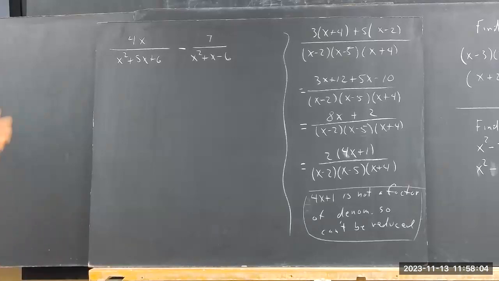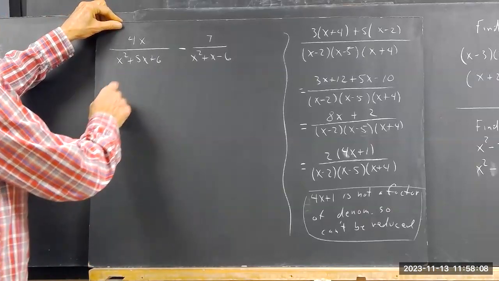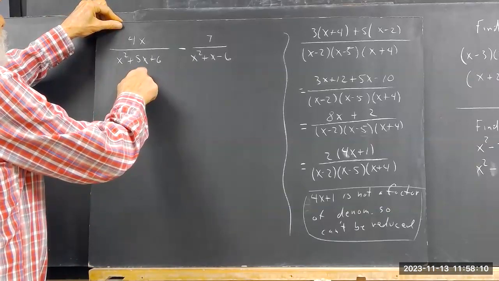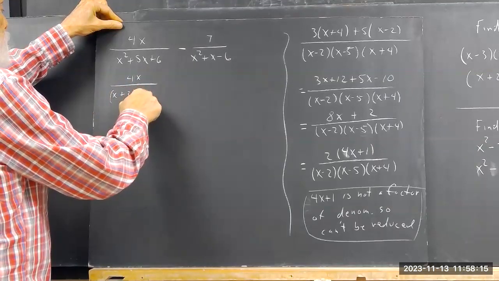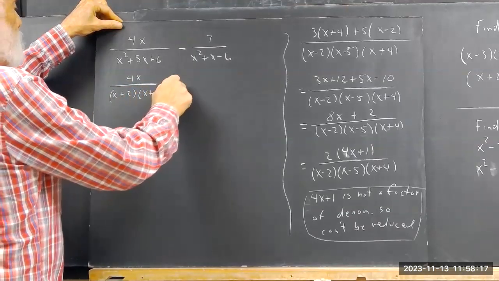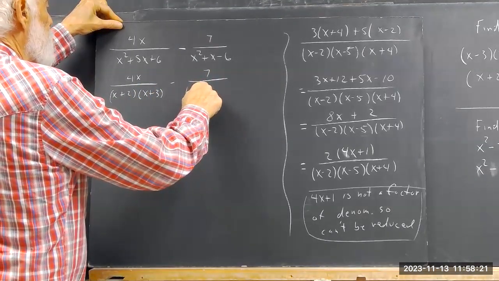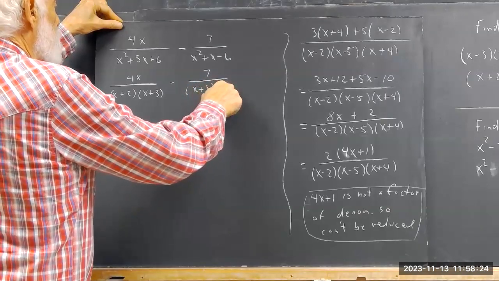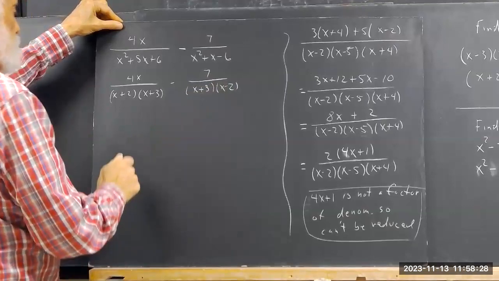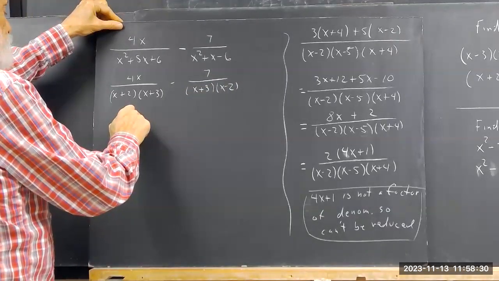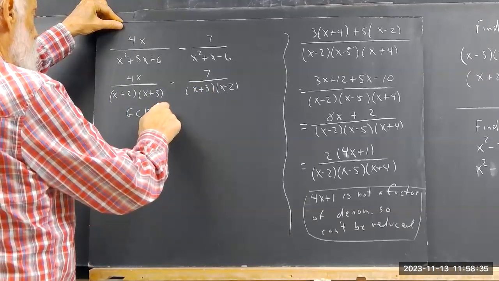Okay, so here we have the subtraction we want to do. This is 4x over x plus 2 times x plus 3, then it's minus 7 over x plus 3 times x minus 2. Now, your greatest common denominator is the least common multiple of these denominators.